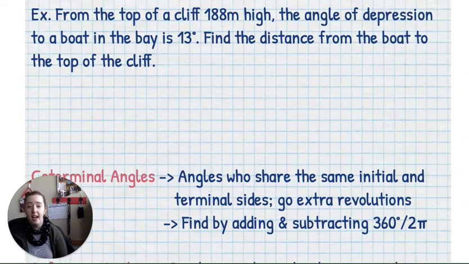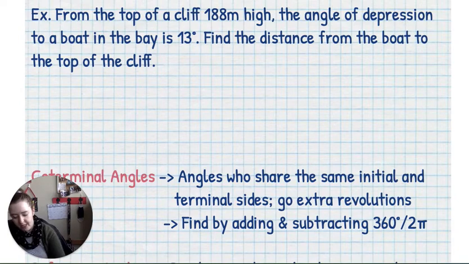From the top of a 188 meter high cliff, the angle of depression to a boat in the bay is 13 degrees. Find the distance from the boat to the top of the cliff. Okay, so we have a cliff. And here is the top of it. And we know it's 188 meters high.